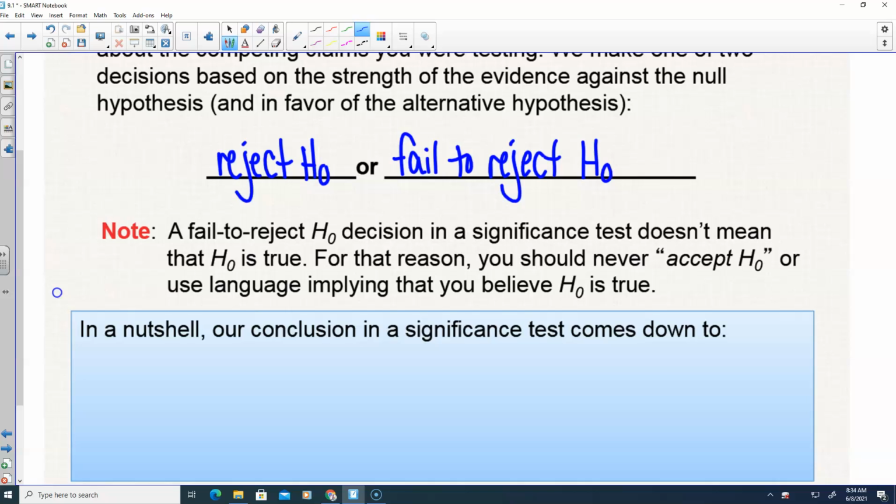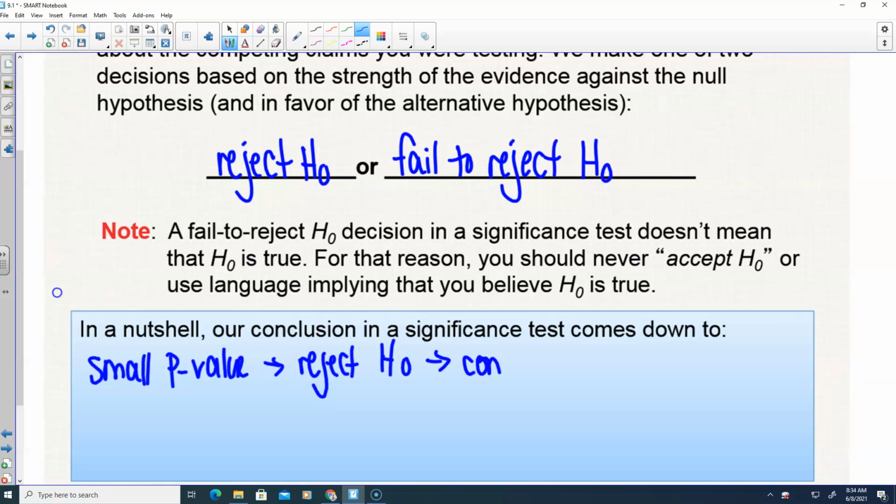So in a nutshell, if we have a small p-value, we reject the null, and we have convincing evidence for HA. Just because we have convincing evidence doesn't mean we say that HA is true. We just say we have evidence for HA.